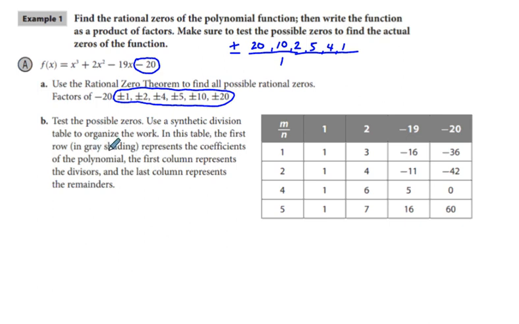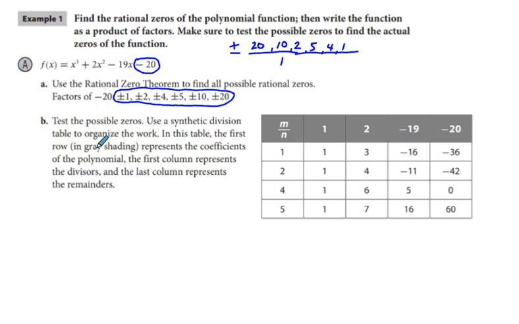In this table, the first row represents the coefficients of the polynomial, the first column represents the divisors, and the last column represents the remainder. So basically what they're using is they're getting this column from the term there. And so I don't like to organize it this way.